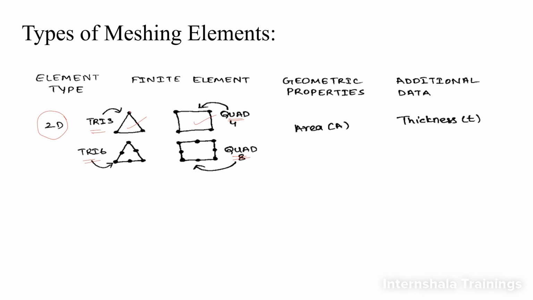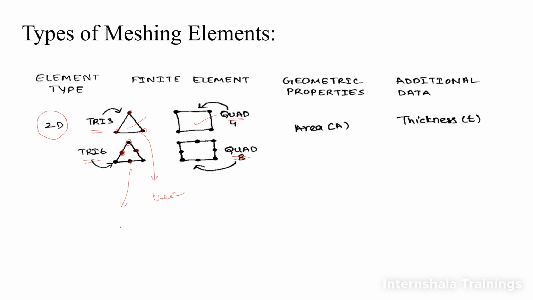And in this also, if you see, there are nodes at the ends of these particular shapes. And here, in addition to those nodes, we are having nodes at the middle of the sides also. If you observe, the same thing is happening with the quad also. So these are called linear elements.